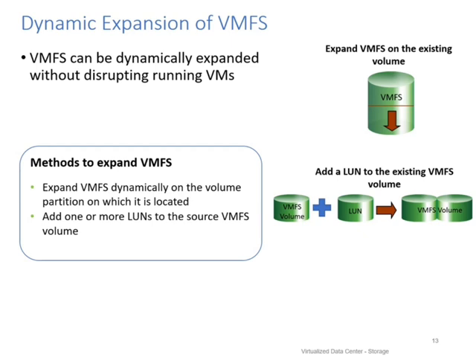There are two ways by which VMFS can be dynamically expanded. The first method allows to expand VMFS dynamically on the volume partition on which it is located. The second method allows to expand the capacity of VMFS volume by adding one or more LUNs to the source VMFS volume to create a larger one.